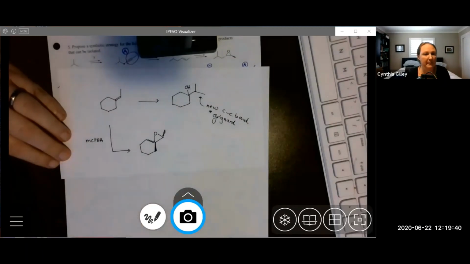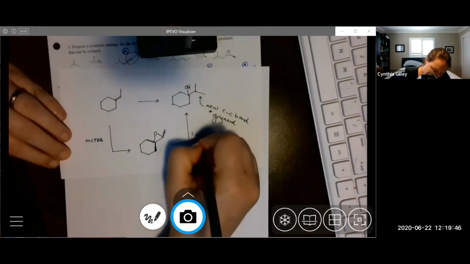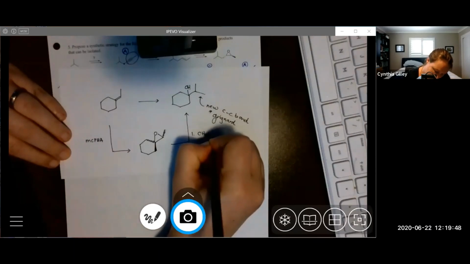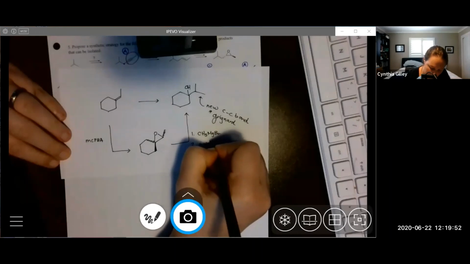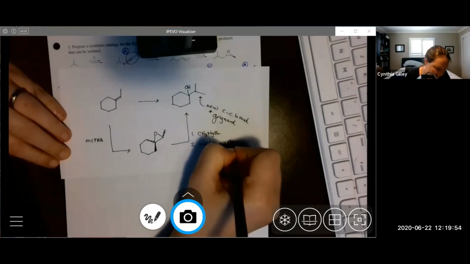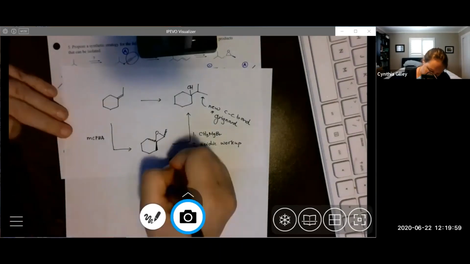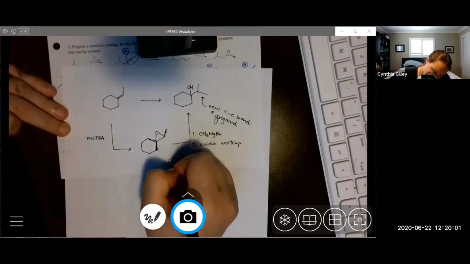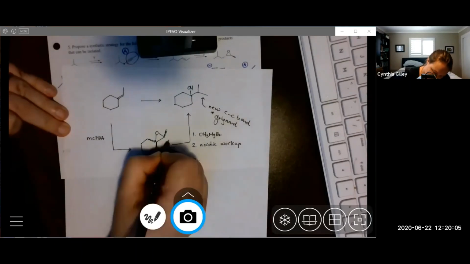Okay? And then now we can treat this with a Grignard, so methyl magnesium bromide, followed by an acidic workup. What's going to happen is the Grignard, remember, is a strong nucleophile and no acid. So we can have it attack the less substituted carbon.